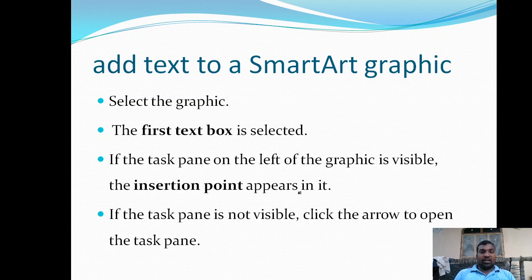Next, if I want to add some text to the SmartArt graphic, then what I need to do is, first of all, select the graphic for which you want to add the text. This is step 1, and in step 2 the first text box is selected. If the task pane on the left of the graphic is visible, the insertion point appears in it.